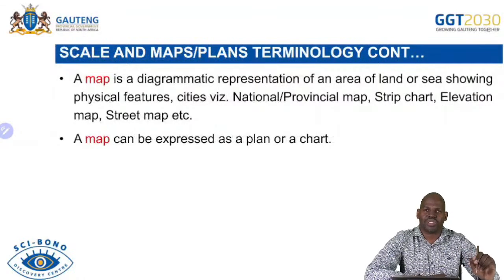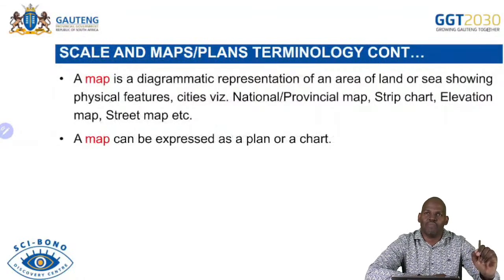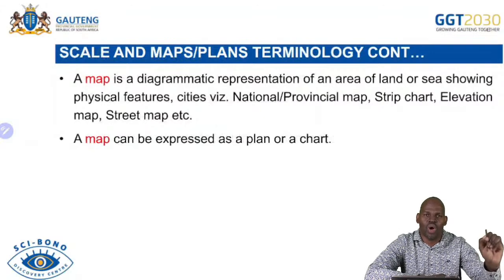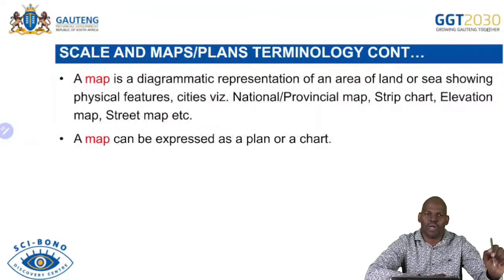As you know, boys and girls, terminologies are very, very important in Maths Literacy. You cannot be working with certain terminologies and not be able to define them. If every day you are working with maps, and they ask you to define a map or explain what a map is, you must be able to explain it. But the other thing that is important with terminologies in Maths Literacy is we do not expect learners to write exactly the same thing.